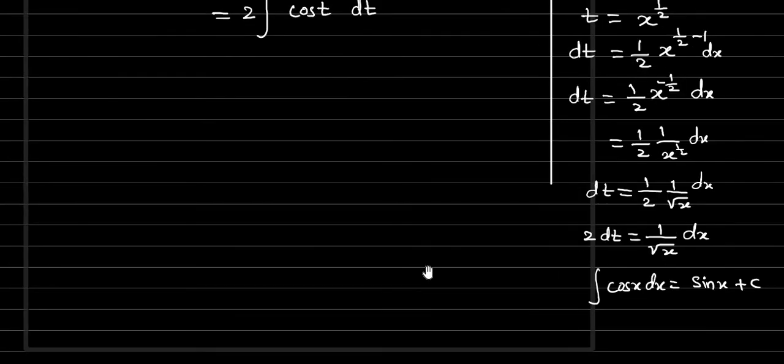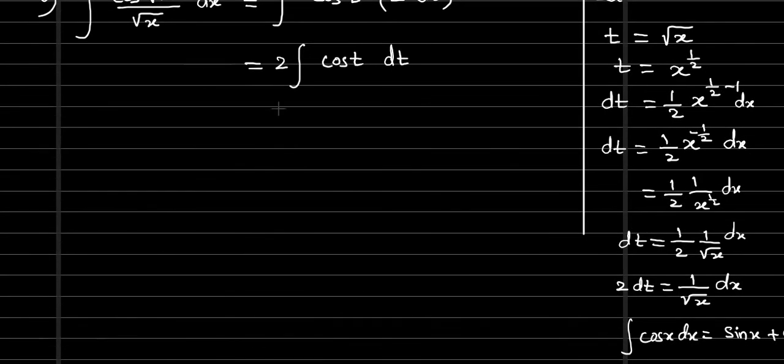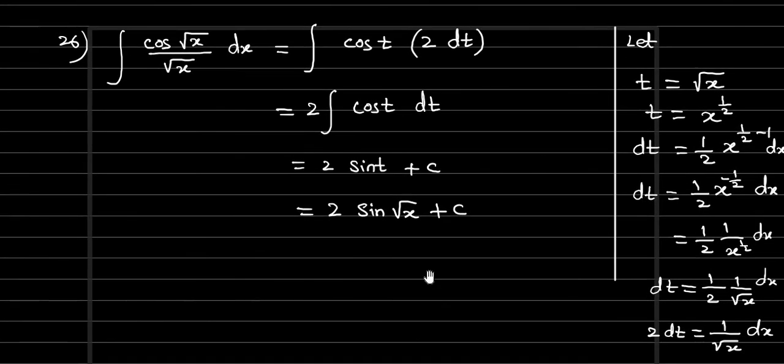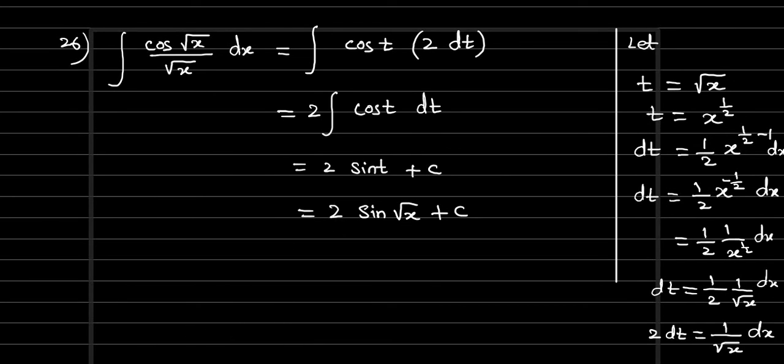But here in terms of the t variable we have, so that means sin t. So 2 sin t plus c. So what is the t here? Root x. So removing the t and rewriting it as root x, and then plus c. So that's all the solution of the 26th one.